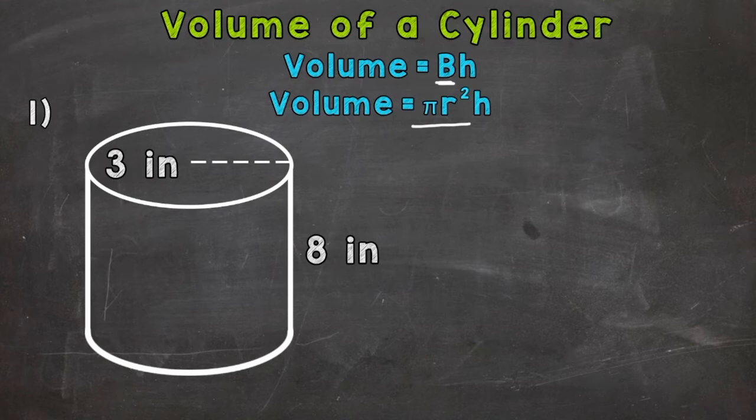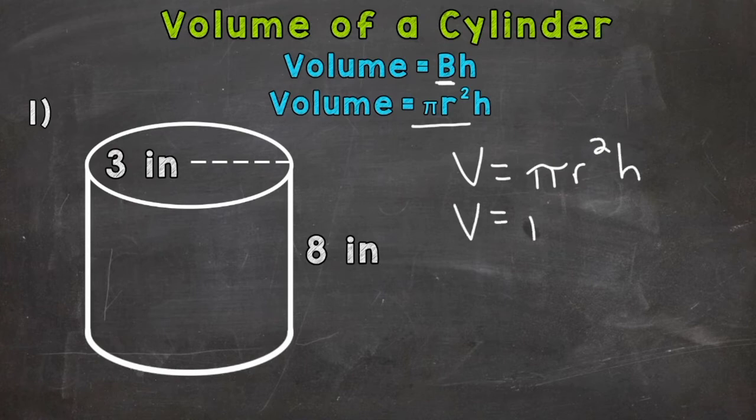So now we plug in our givens, that height and radius of the base, into our formula in order to calculate the volume of this cylinder. So we will come to the side, we'll rewrite our formula, pi times radius squared times height. Then we will plug in. So pi times the radius of our base, which is 3 inches, squared, times the height of 8 inches.